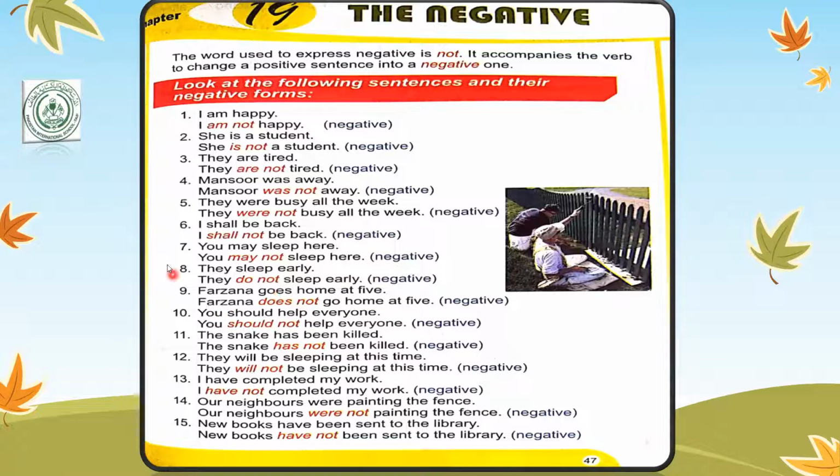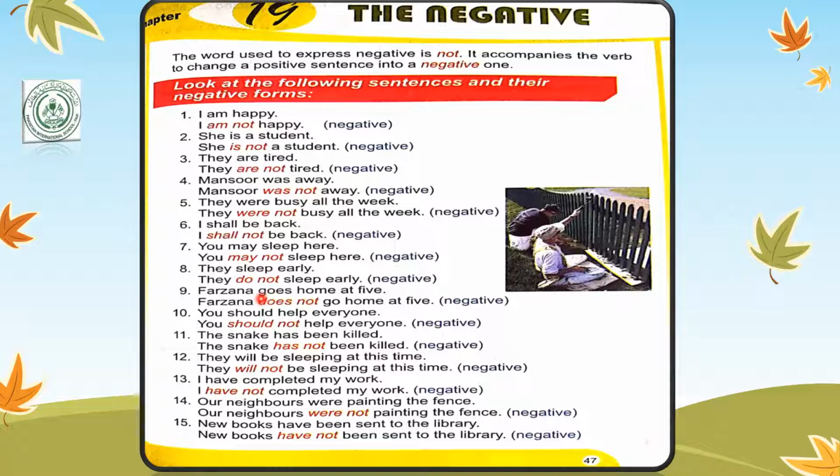Now you will say, sir, here you are saying is not, were not, was not, shall not, may not. Here, why do or does? They sleep early. They do not sleep early. Dear students, remember when I told you how to change a positive sentence into an interrogative, to make a question, in the previous chapter.